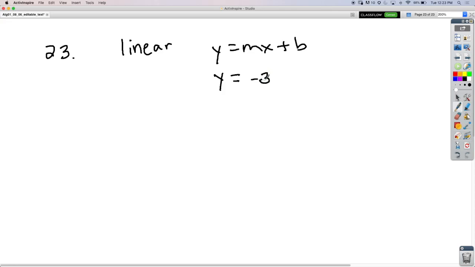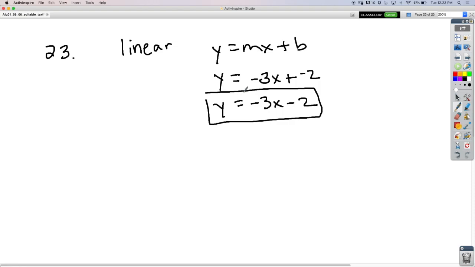It was -3. Good. So -3x. And then which one was the y-intercept? Minus 2. So y equals -3x minus 2. Yeah, the linear ones are the easiest because you did them all last semester. So remember your slope is your change in y over your change in x.